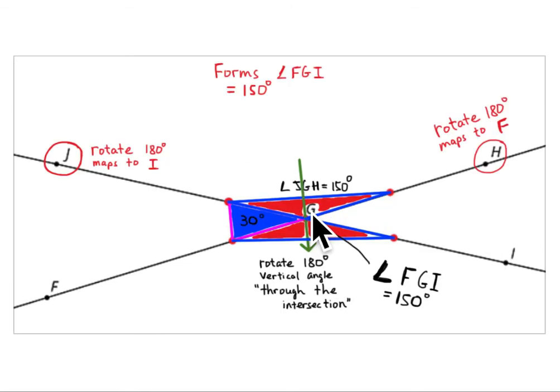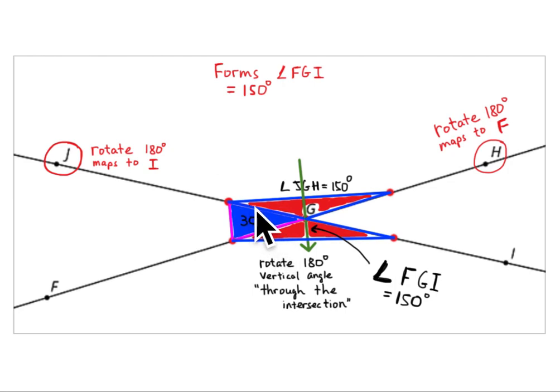So a last way of looking at this is to rotate point J 180 degrees, it will map to I. And rotate point H 180 degrees, it will map to F. And so that means that angle FGI has to equal 150 degrees. Because all you're doing is taking this point, moving it over here, taking this point, moving it over here.